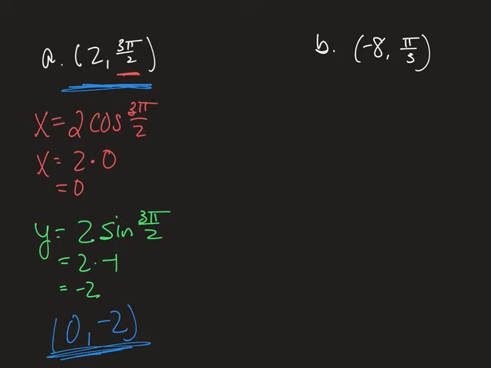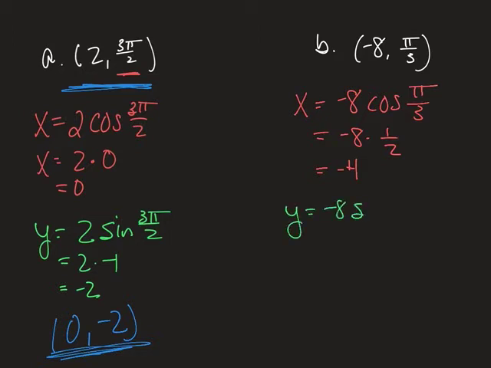So, next one. Our radius is -8 and our angle is pi over 3, so x equals -8 times the cosine of pi over 3. That's -8 times 1/2, and so x is going to be -4. Then y equals -8 times the sine of pi over 3.